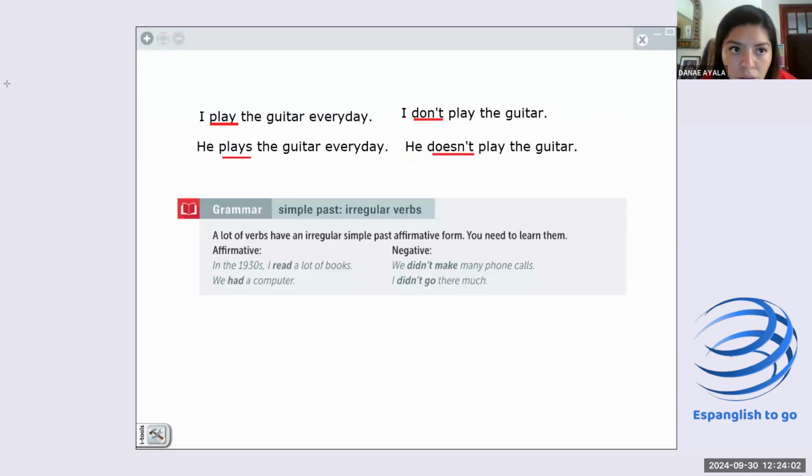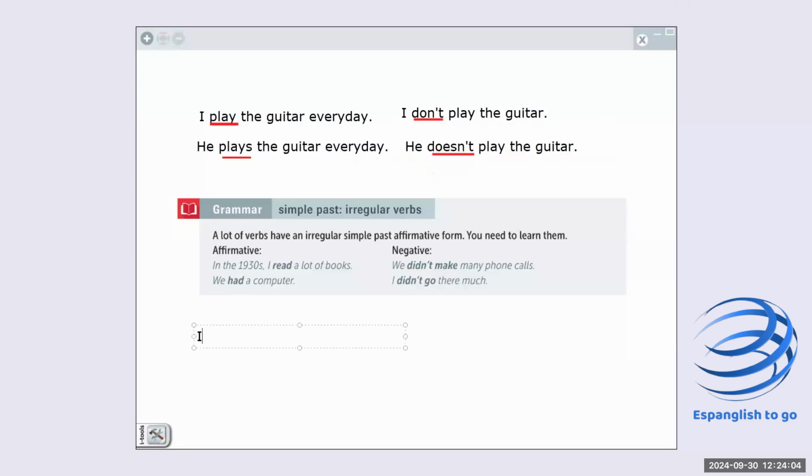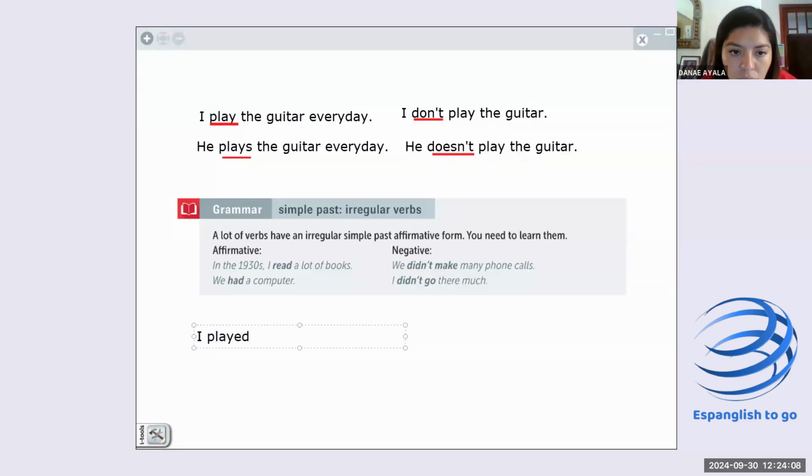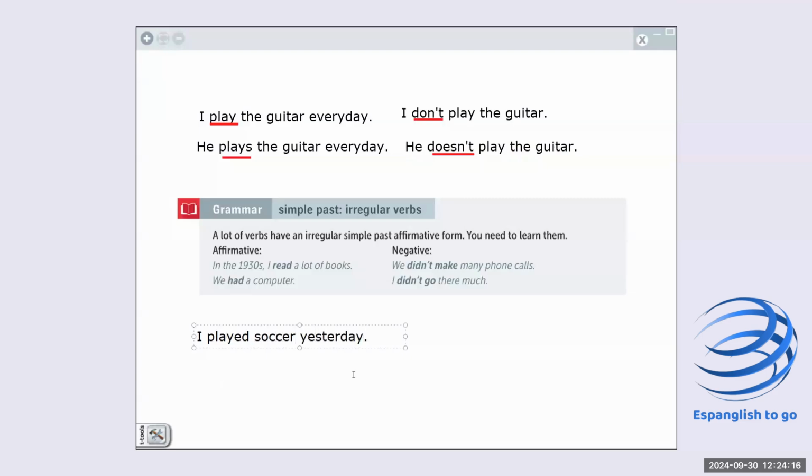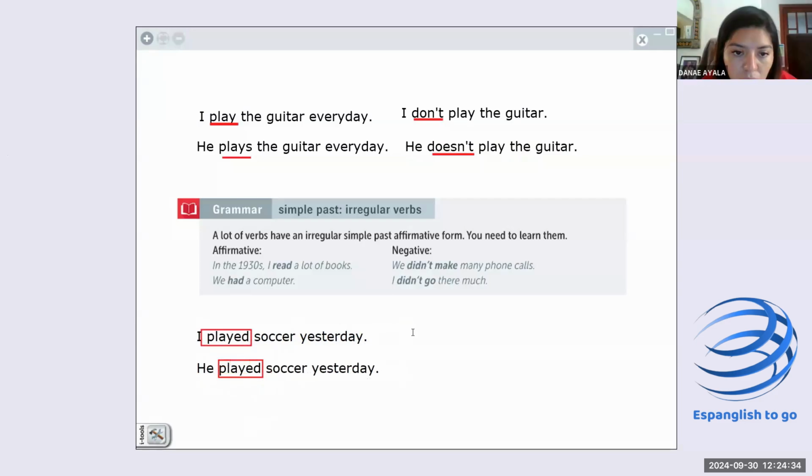But now in the past, we say I played soccer yesterday. Here we have he played soccer yesterday. It's the same. Played, played, no difference. So it's very easy.